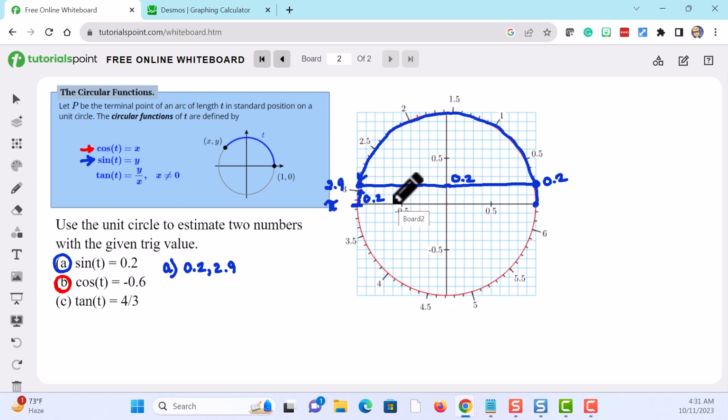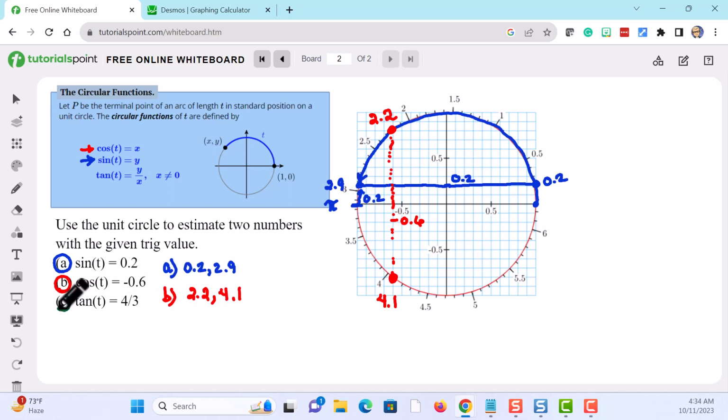So we find negative 0.6, and then we go up vertically until we hit the unit circle, and we also go down vertically until we hit the unit circle. So we can see that this first point is at approximately 2.2, and the point at the bottom of the circle is about 4.1. So our two solutions for part B are 2.2 and 4.1.